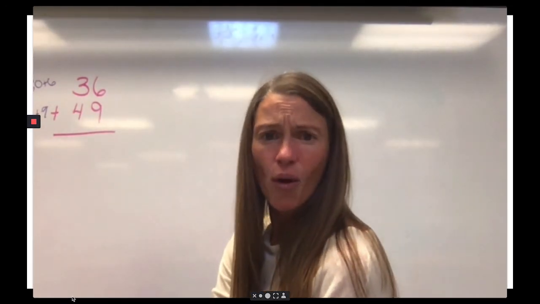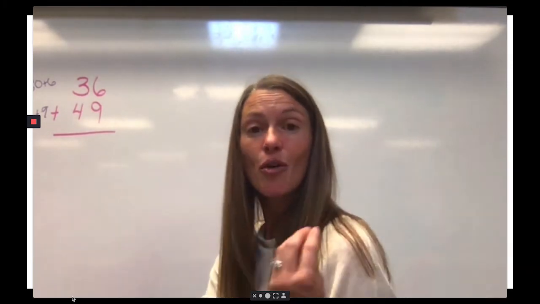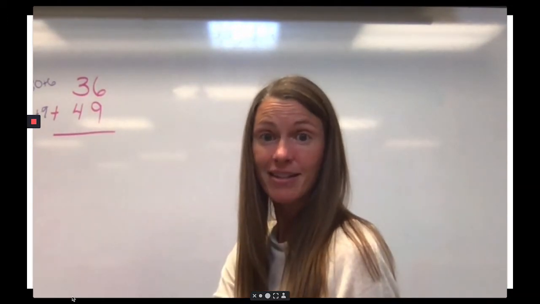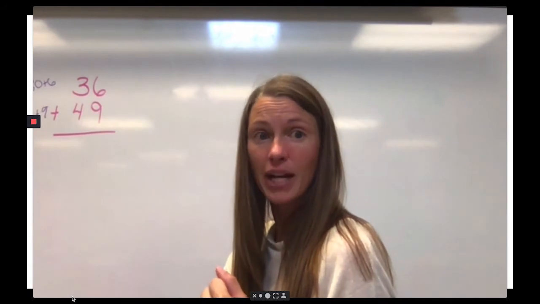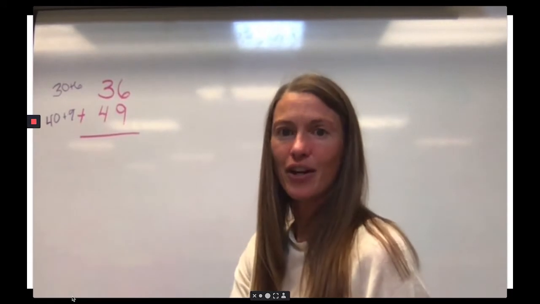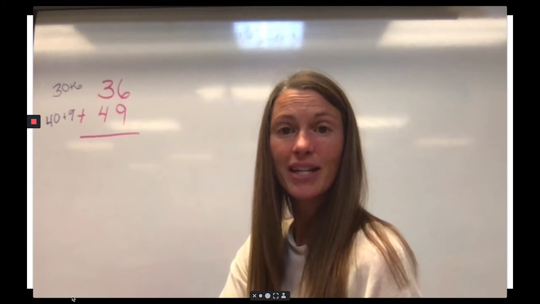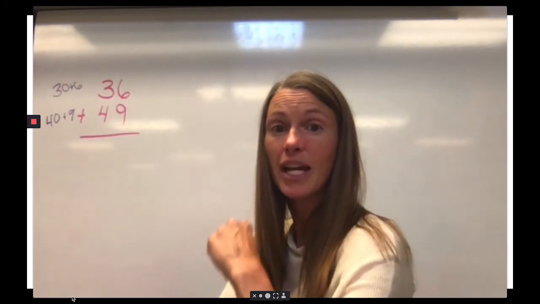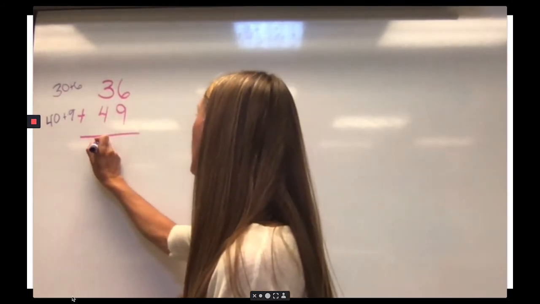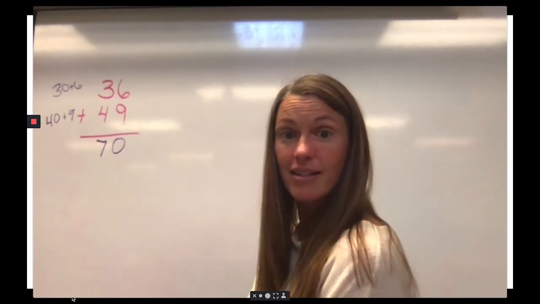What's 3 plus 4? Yes, math magicians, you got it. If I'm adding 3 tens plus 4 more tens, I have 70. I have 30, then 40, and then I add on 3 more tens: 40, 50, 60, 70. Now I have 7 tens, or 70. So Mr. Green has 70.